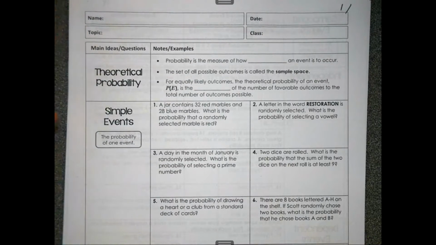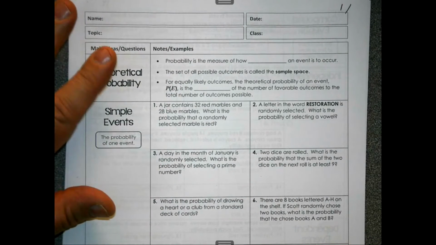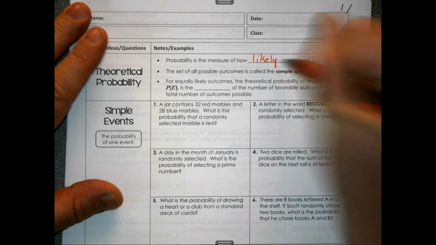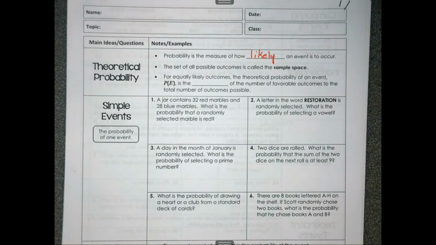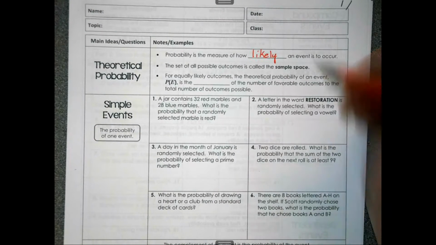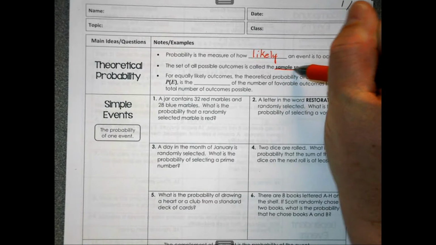Probability is the measure of how likely an event is to occur. The set of all possible outcomes is called the sample space.